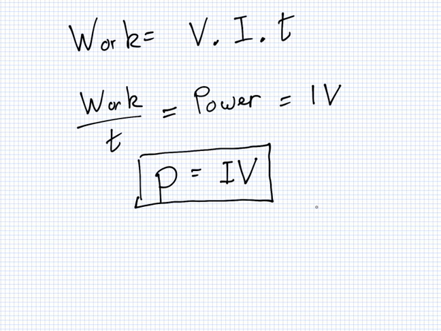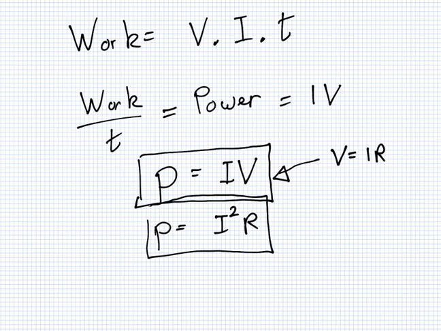But in fact, there are other ways to write this formula because you know that V equals I R. So you can put that formula in and you get P equals I squared R. So that's another way to write the same formula.